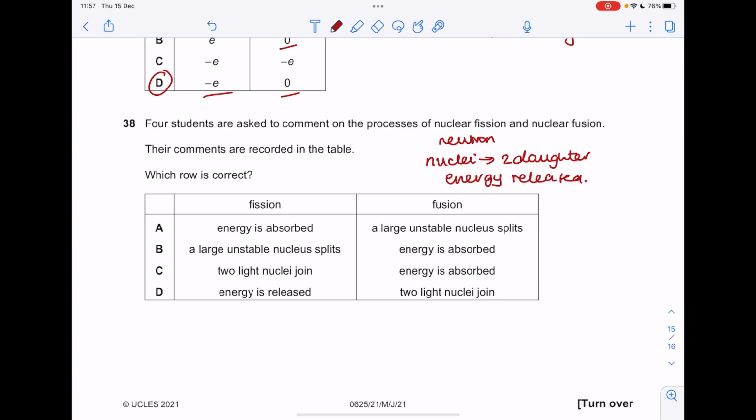Whereas nuclear fusion is all about taking two heavier nuclei, causing them to be fused together, and then there's a loss of mass but also a release of energy. So if we look at the options, fission, energy is absorbed, nope. Fusion, a large unstable nucleus splits, nope. That would be a fission answer. If we actually go down and have a look, we've got energy being released and two light nuclei joining, so D is the correct answer.